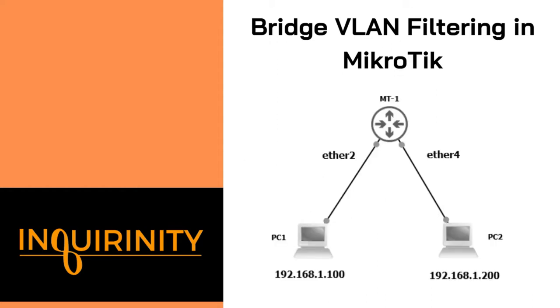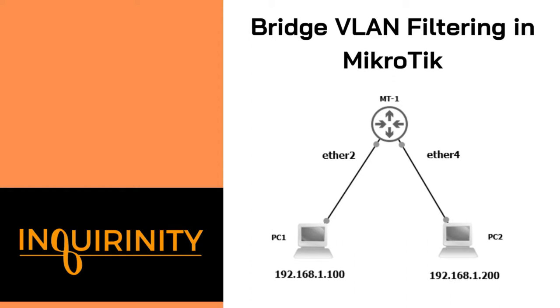So here we have a basic network topology wherein our MikroTik is connected to two computers depicting two local area networks. However, they are on the same network subnet, or addressing scheme, the 192.168.1.0 network.